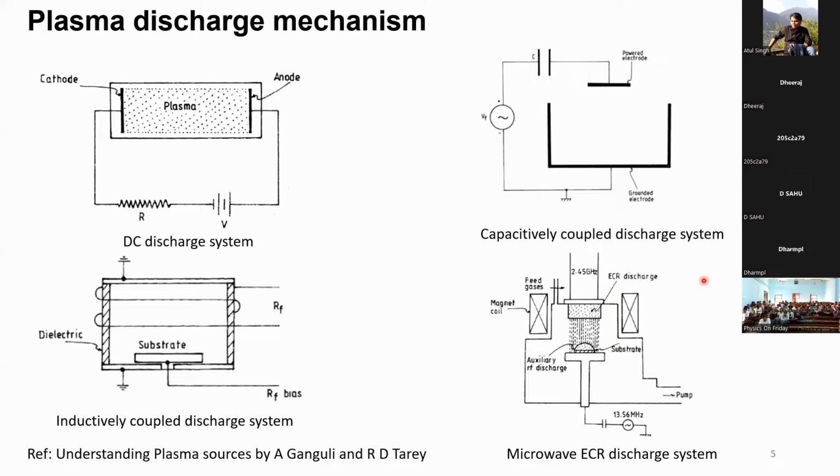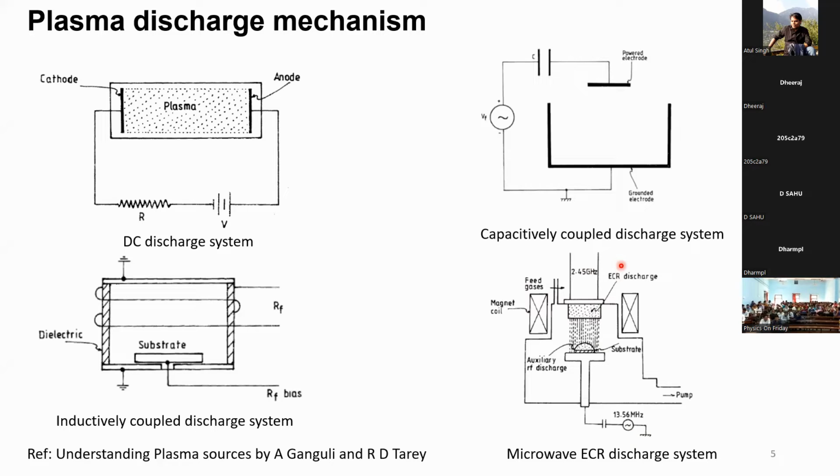When the frequency matches, there is a resonance effect. The wave carries some energy, and that energy transfers collisionlessly to the electrons. The electrons become highly energized, and with further collisions they can create plasma.